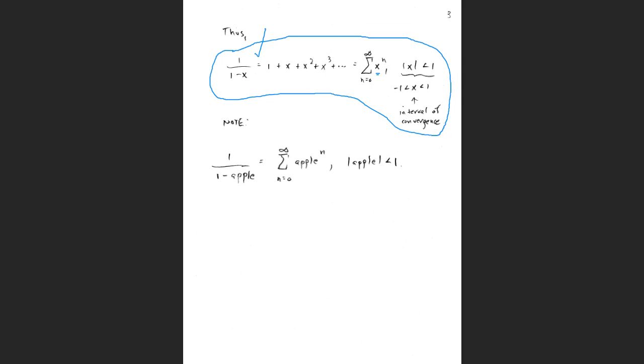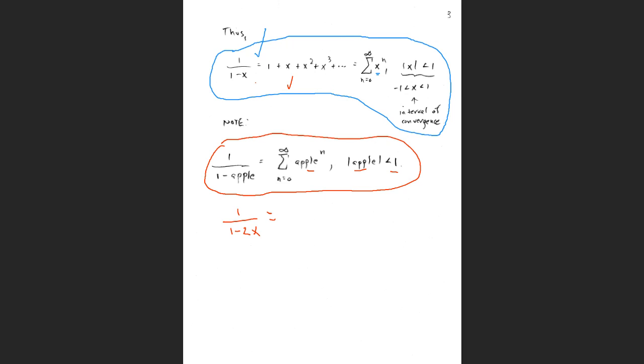So, for instance, let's say I had the function 1 divided by 1 minus 2x. Well, I can find a power series for that function, because based off of the power series formula, if instead of x I were to put in an apple, 1 over 1 minus apple would equal the series n equals 0 to infinity of apple to the nth power, so long as the absolute value of apple is less than 1.